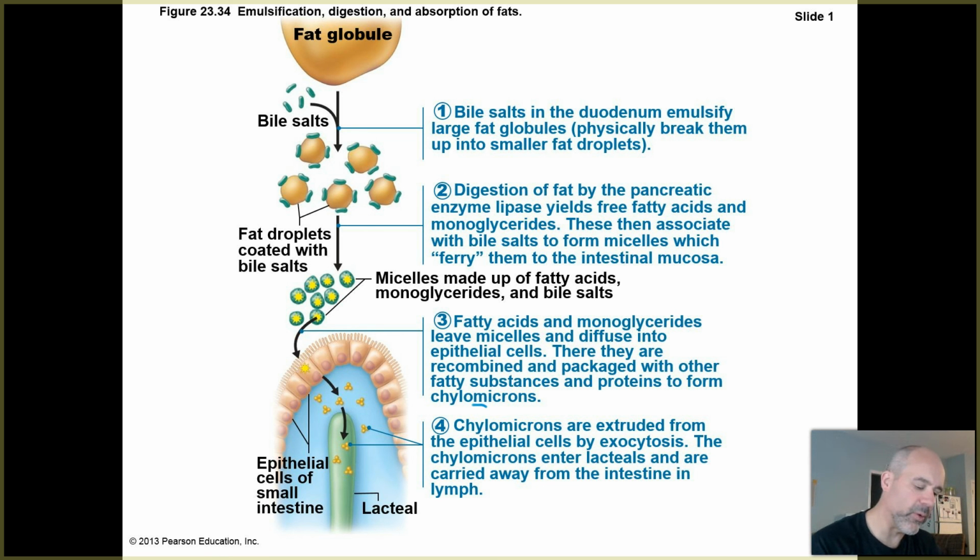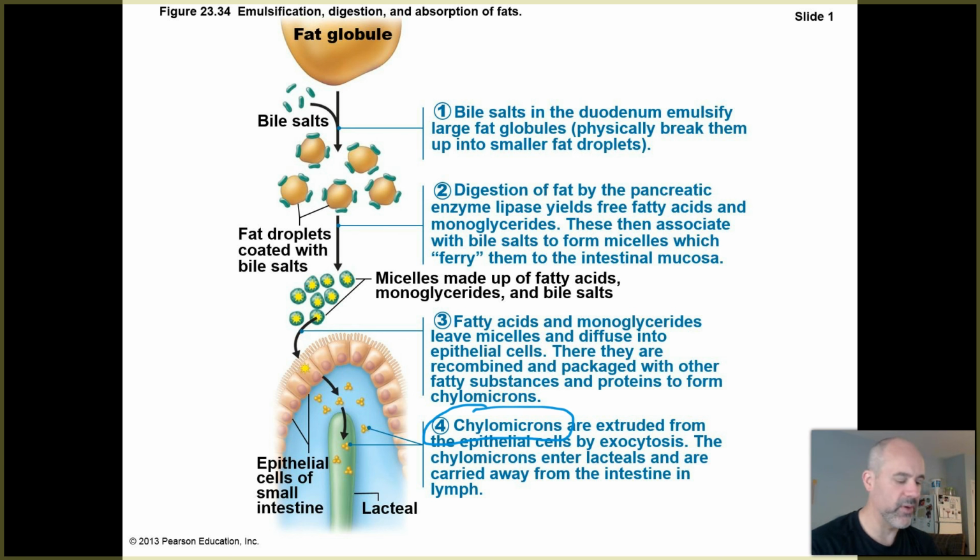Those little particles are called chylomicrons. They consist of proteins that protect and hide the fats from the water, with all these fatty acids and monoglycerides on the inside.